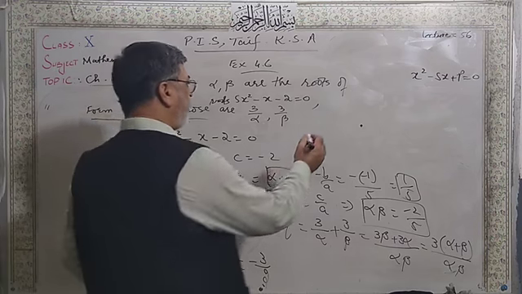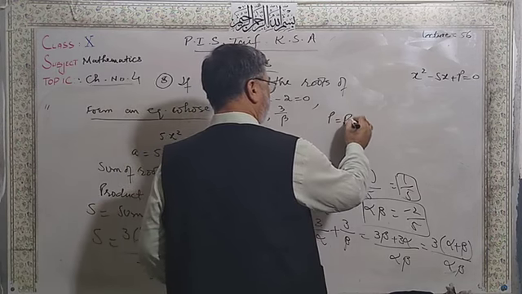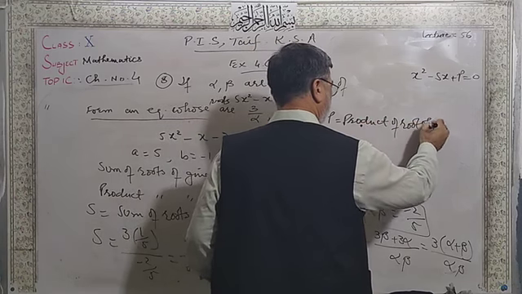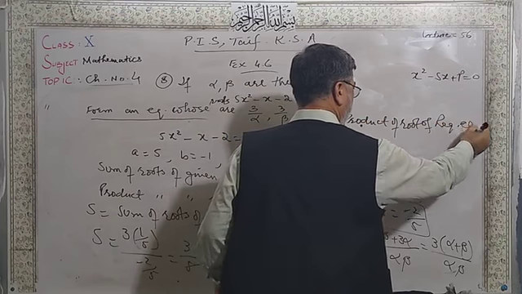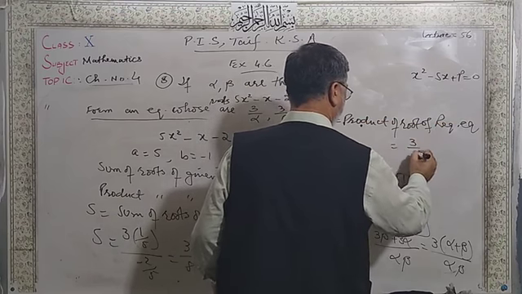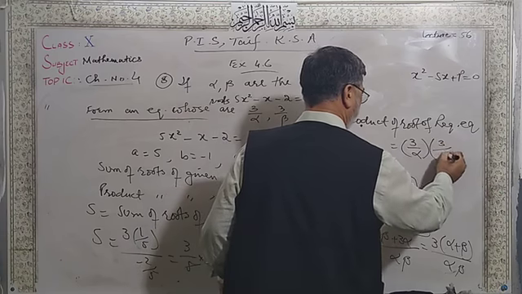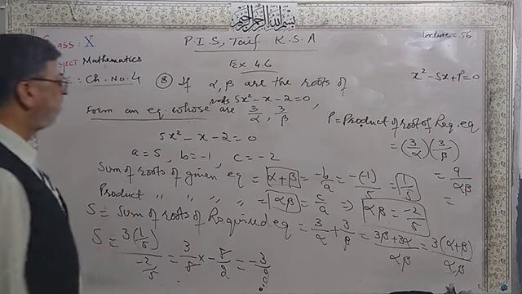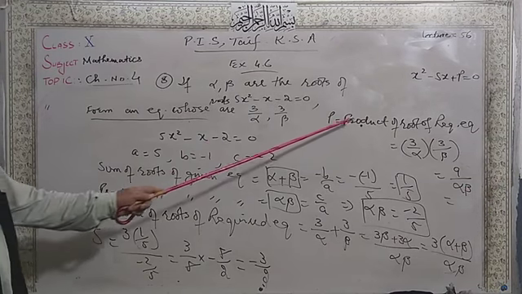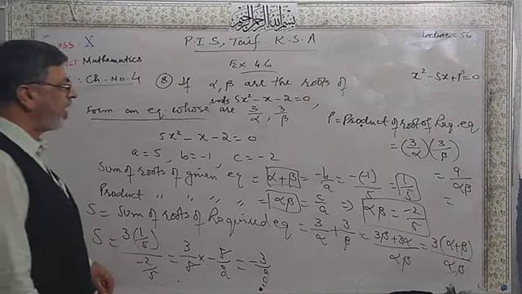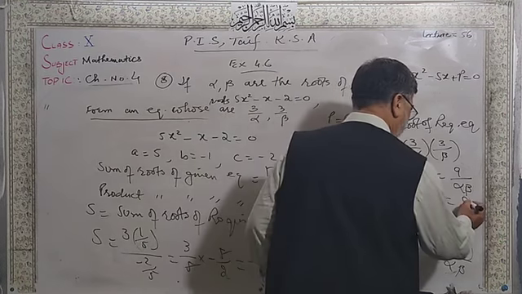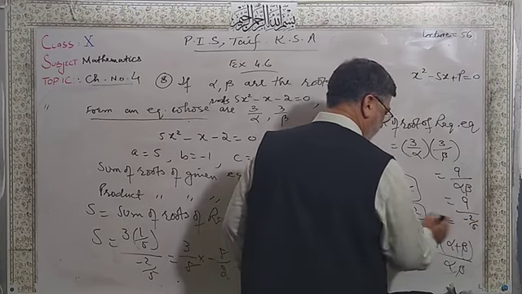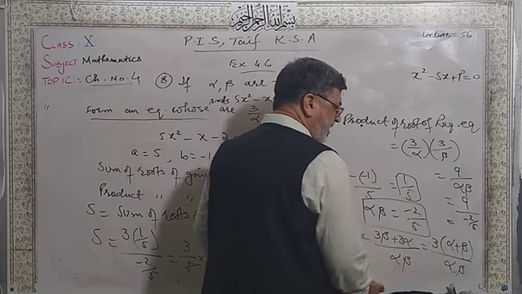Similarly, P is equal to product of roots of the required equation. That will be 3 over alpha into 3 over beta, that is 9 over alpha beta. 3 over alpha, 3 over beta, these are the roots of the required equation. So we will have 9 over alpha beta. What about alpha beta? This will be minus 2 over 5, so this will become reciprocal.